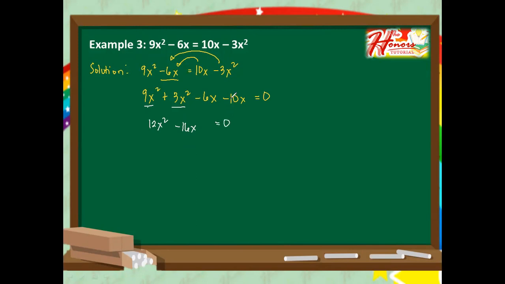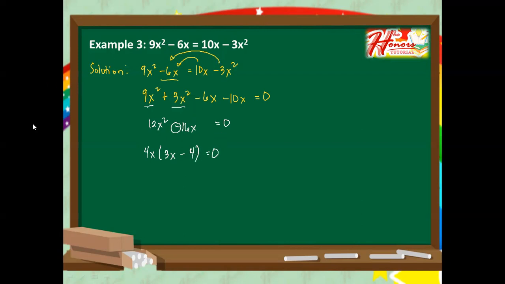And then this is when you're going to factor this out. Get the GCF, or the greatest common factor, of 12x squared minus 16x. And that is 4x. So we will write 4x here outside the parentheses. So 12x squared divided by 4x, that is 3x, minus the operation here, 16x divided by 4x, and that is 4, equals 0.